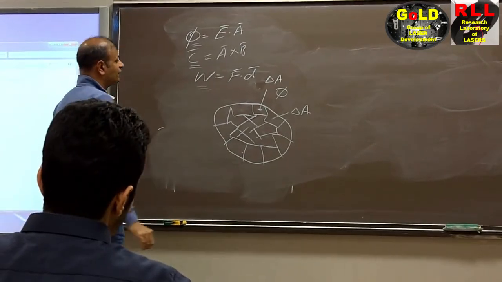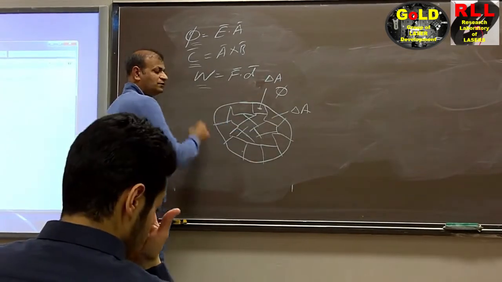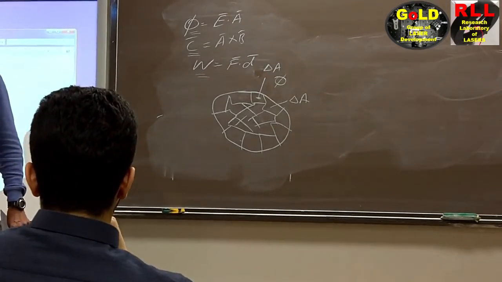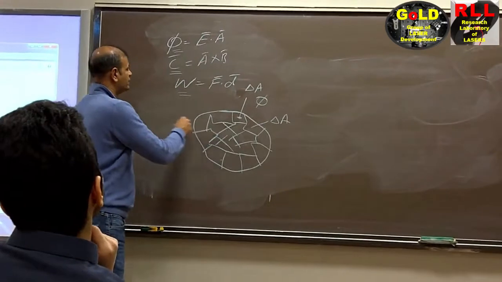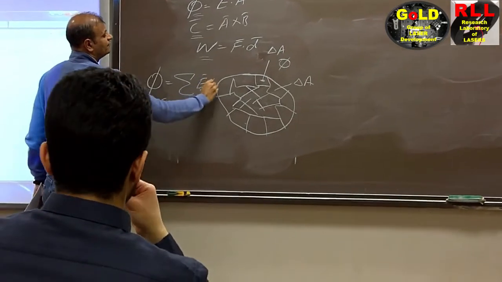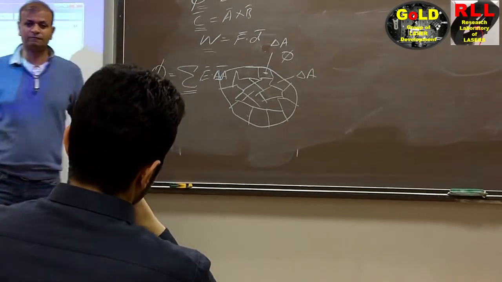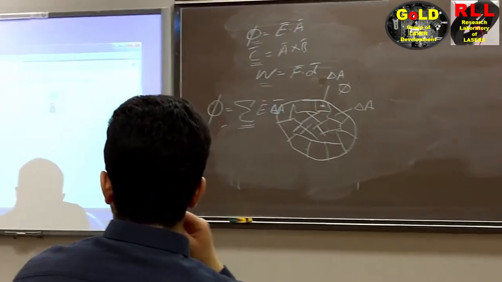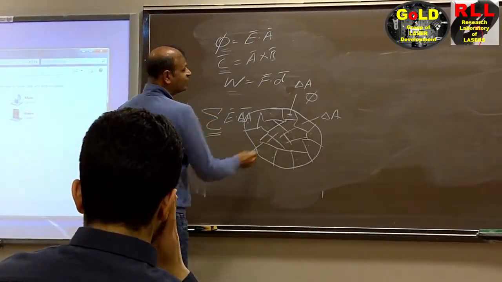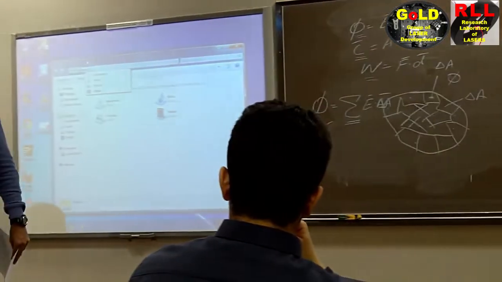We want to find out the flux through the whole surface, and the area of one patch is delta A. So we write E, summation to sum up all the areas, the electric field through this area, this area, and then sum up, so that we can get total flux here.